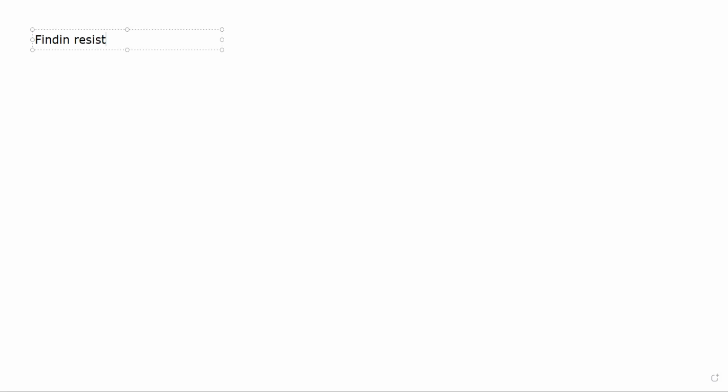Finding resistance. Example, we have 3 lamps which are connected in series.